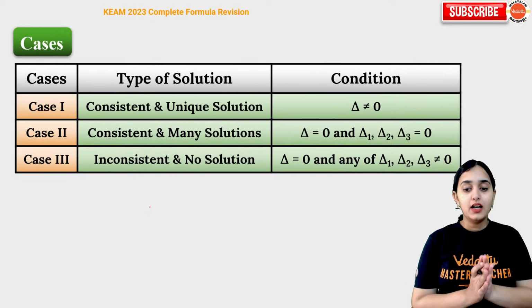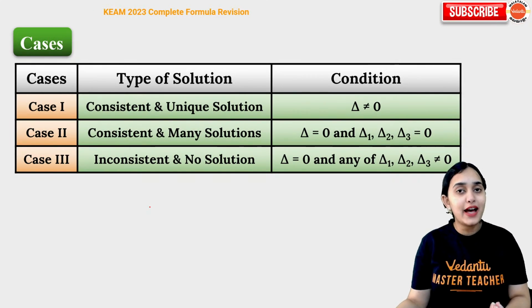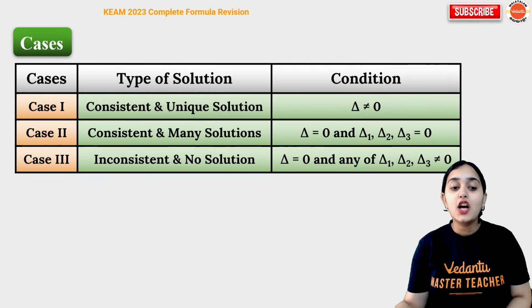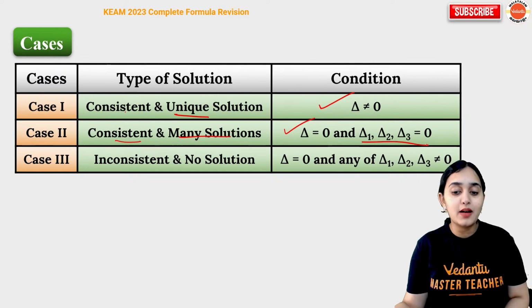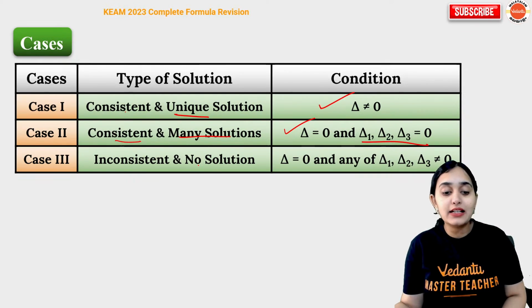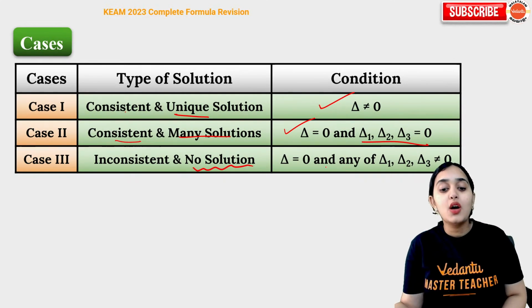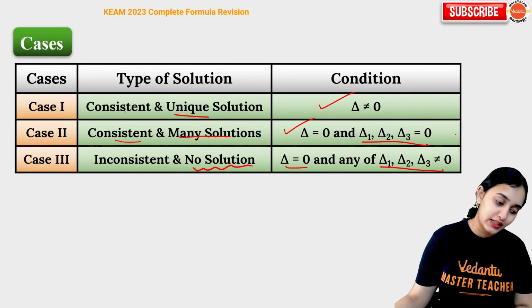Okay. Now, lastly, the condition to identify the nature of the solution. It is consistent with a unique solution if the determinant is not 0. Consistent with many solutions if the determinant is 0 and determinants 1, 2, 3 are also 0. It is inconsistent, that is, no solution, when the determinant is 0 and determinants 1, 2, 3 are not 0.